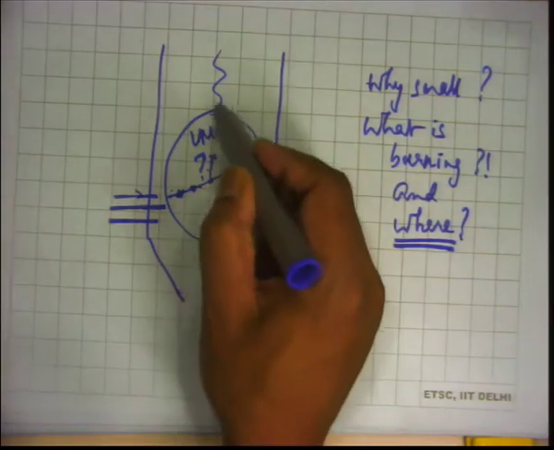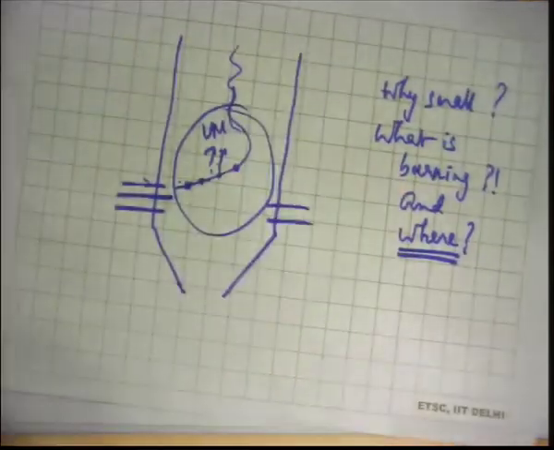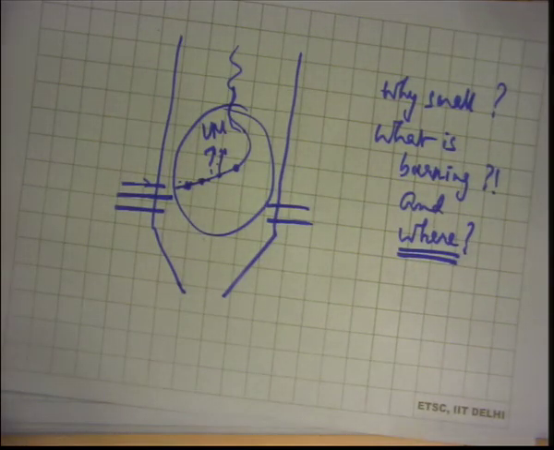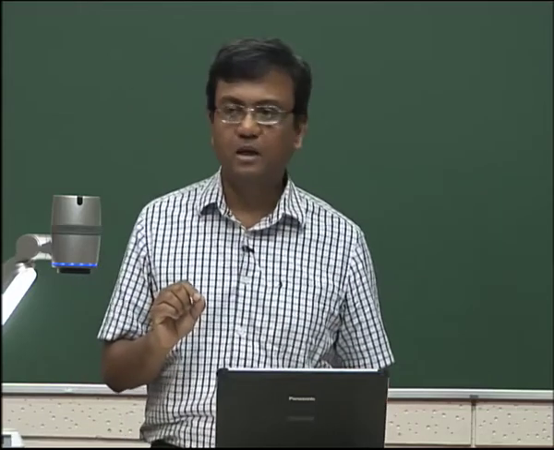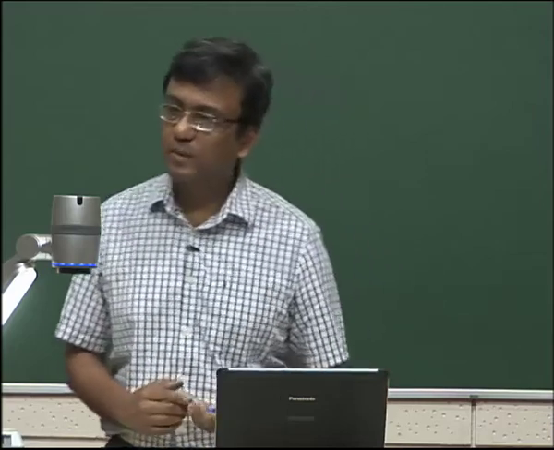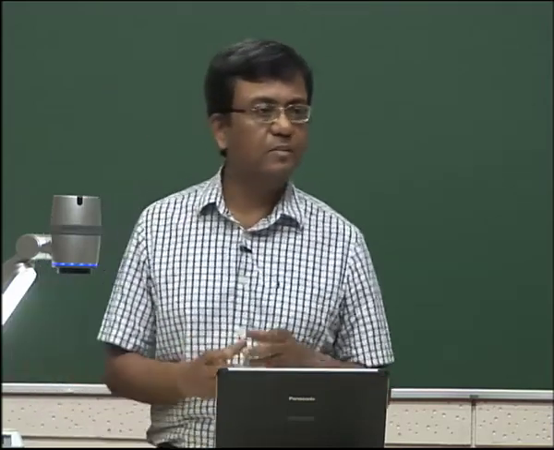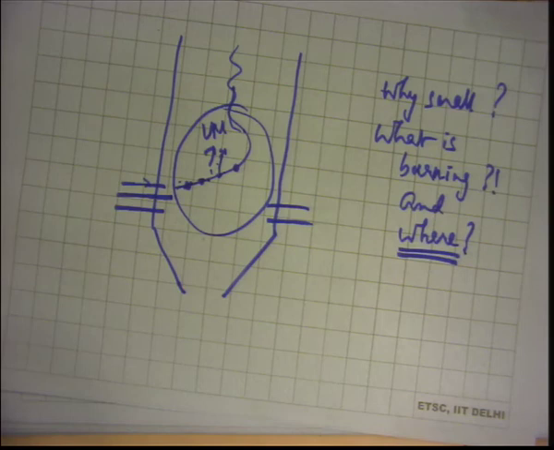As it moves further, when it has lost its volatile matter, it's still in the high temperature zone, and what is left of that particle is some mineral matter, some small amount of hydrogen maybe, but mostly carbon. This is char. The char will burn, and the mineral matter will get converted to ash. So there can be an issue of ash going and depositing somewhere. That's a huge problem, especially for Indian coals.